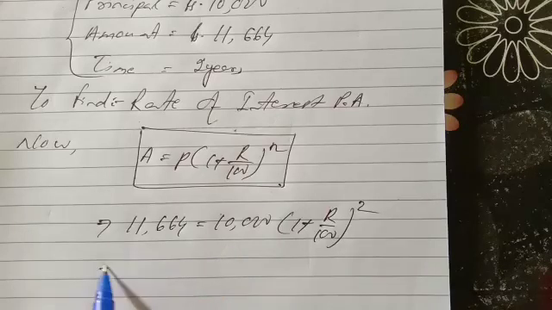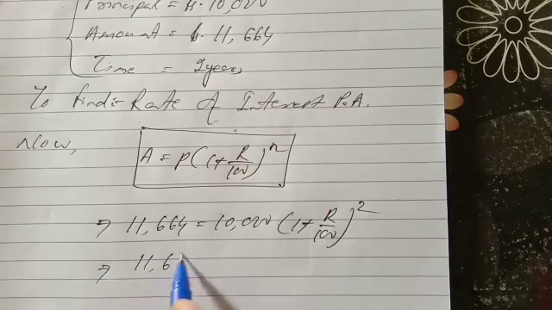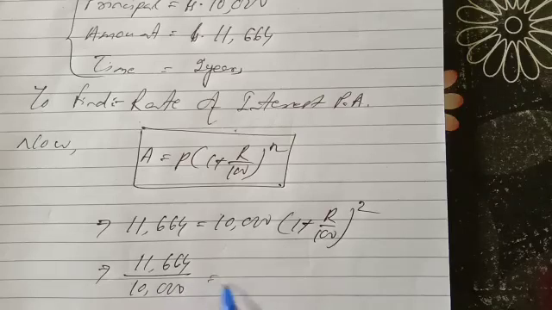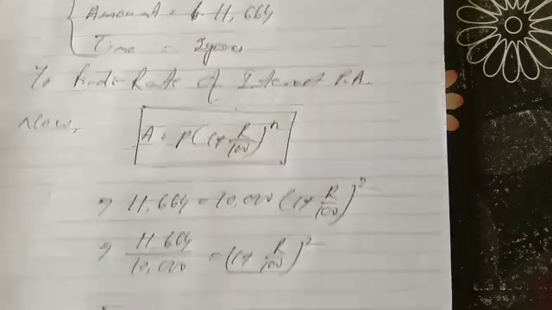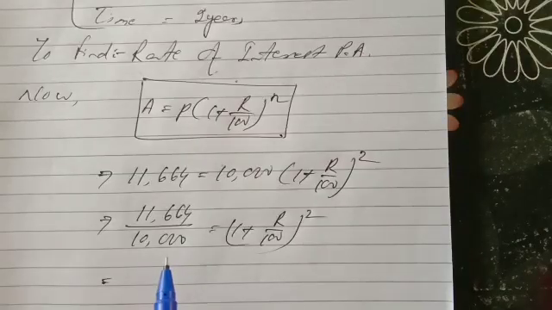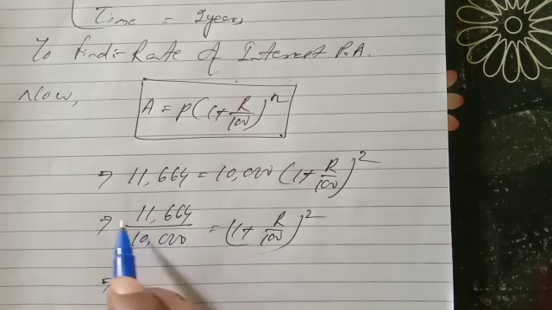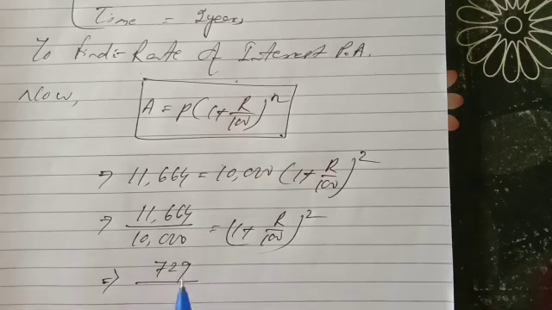Now bring this side: 11,664 divided by 10,000 is equal to (1 + R/100) whole square. Now see, divide both sides by 16: this will be 729, and 10,000 divided by 16 will come 625.